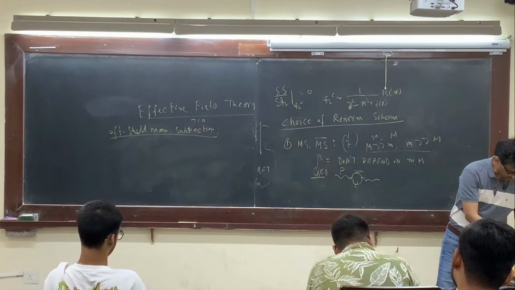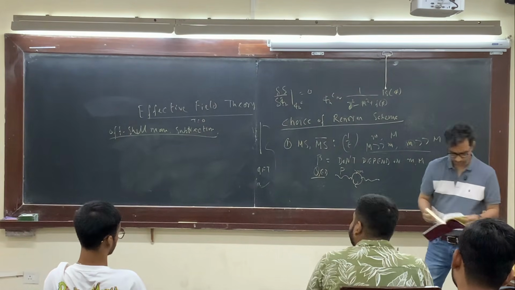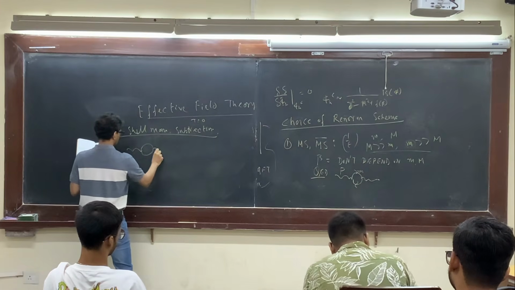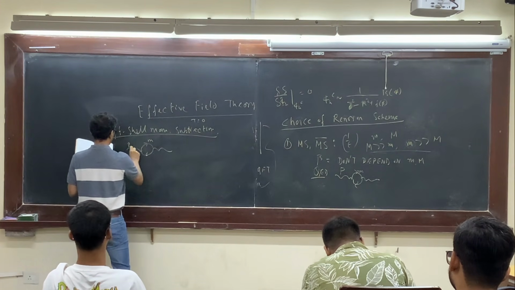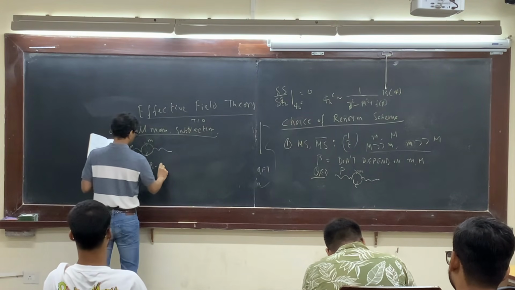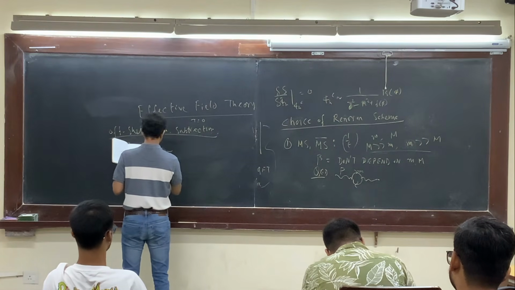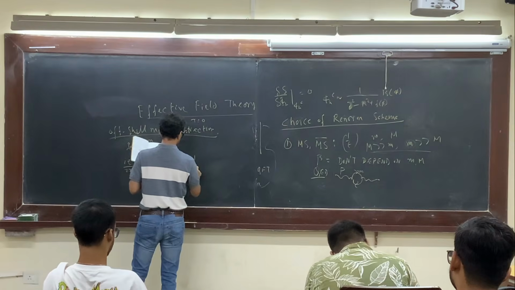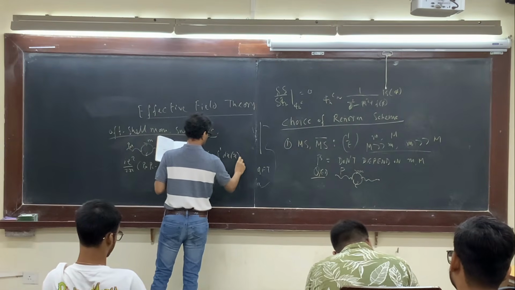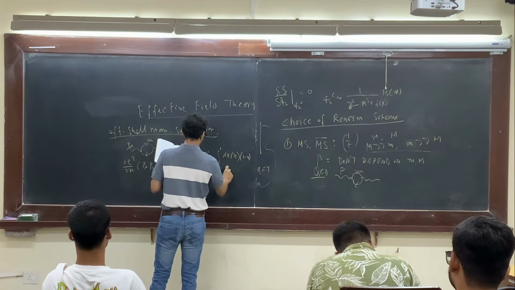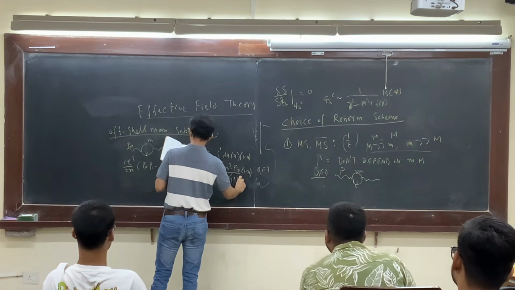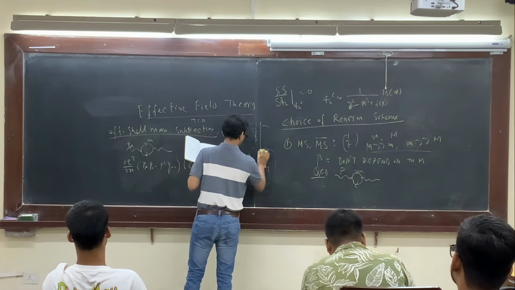So let me just see the numbers now. If I calculate this diagram, with momentum p mu going through, I get i e squared by 2 pi squared, times (p mu p nu minus p squared eta mu nu), then 1 by 6 epsilon minus gamma by 6, and then the integral from 0 to 1 dx x(1 minus x) log of (m squared minus p squared x(1 minus x)) over 4 pi mu squared.